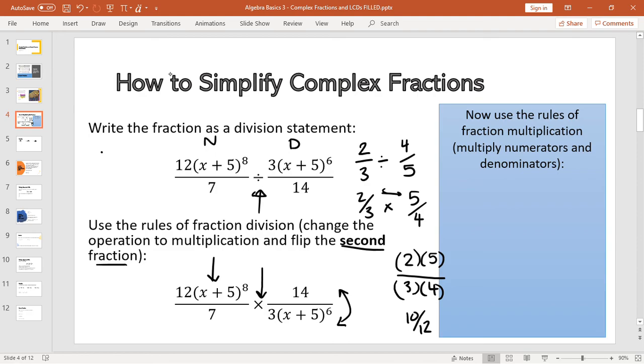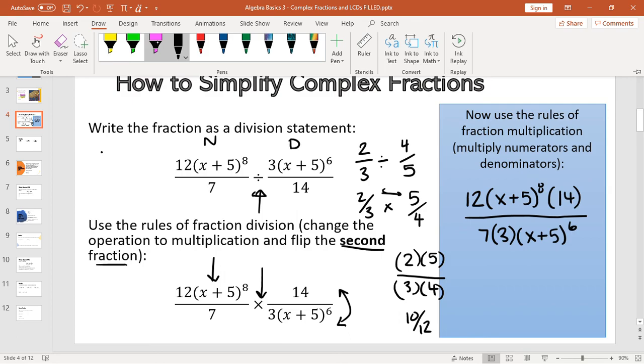But more importantly, let's look at the ones we have here. So I've got my first fraction, and I'm just writing them down. You could rearrange them if you like. Everything that was in the 2 numerators goes on top. Everything that was in the 2 denominators goes on the bottom.